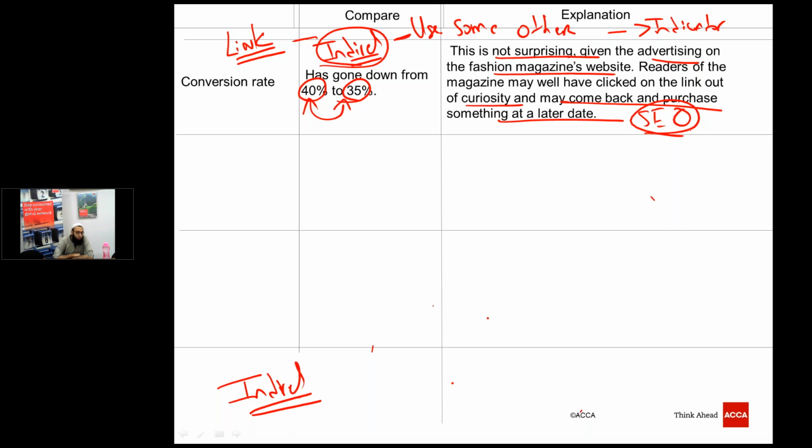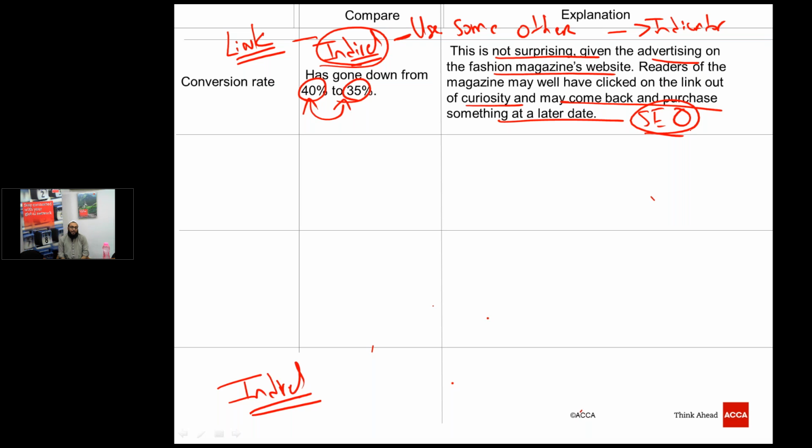So the people who came through the advertising magazine would be thought to be less genuine because they just came out of curiosity, but the people who are typing in Google are thought to be more genuine, because 28,000 came from advertising and just 11,000 came from SEO.